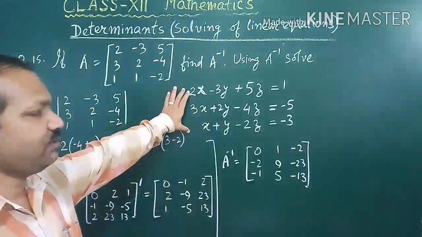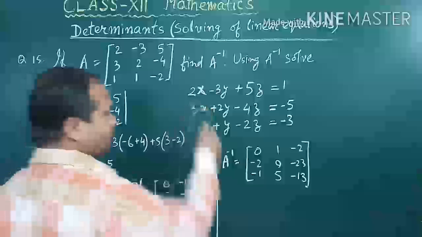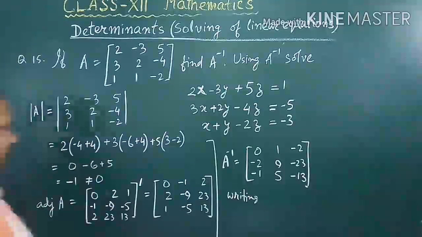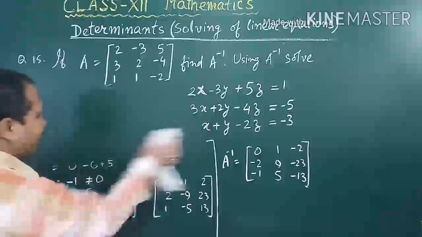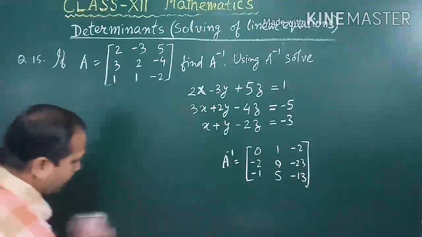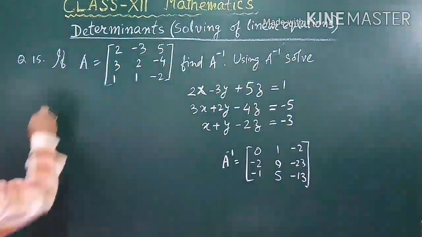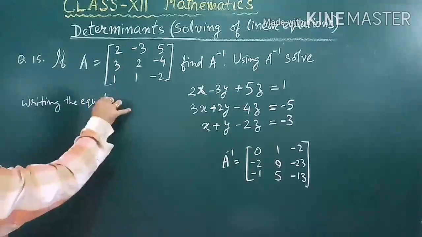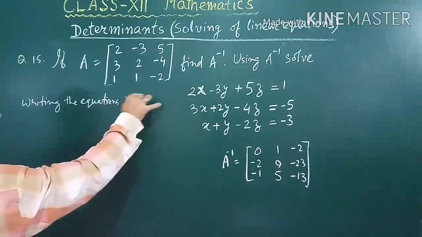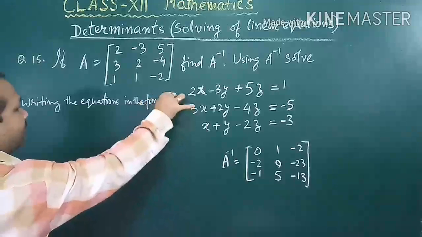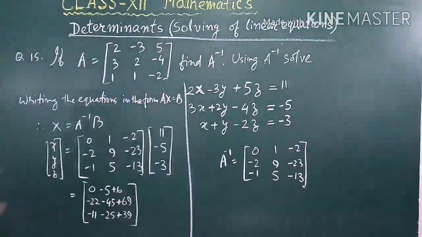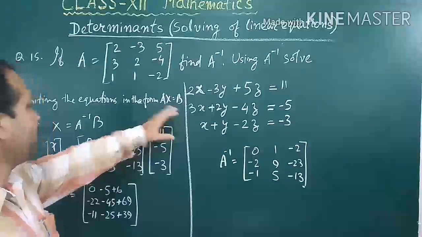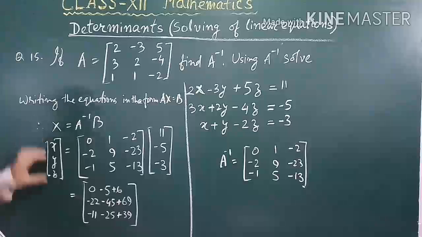So these equations can be written in the form Ax is equal to B. We will write this equation in the form Ax is equal to B. Then X will be equal to A inverse of B. X is nothing but your x, y, z.